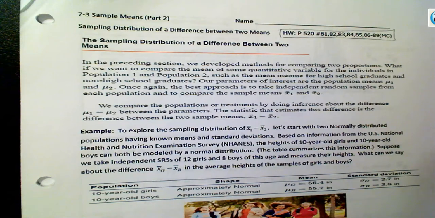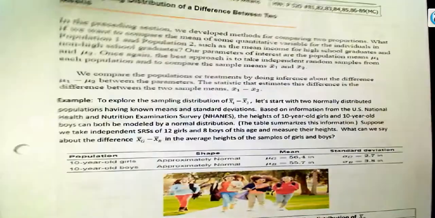We compare the populations or treatments by doing inference about the difference mu1 minus mu2 between the parameters. The statistic that estimates the difference is the difference between the two sample means. So it's kind of similar to comparing the two population proportions or sample proportions.